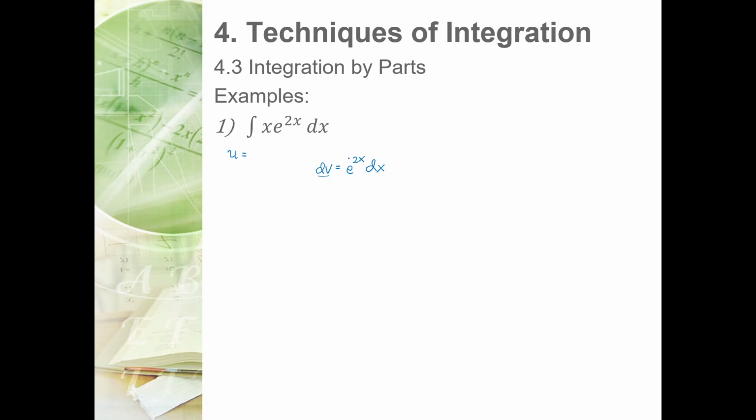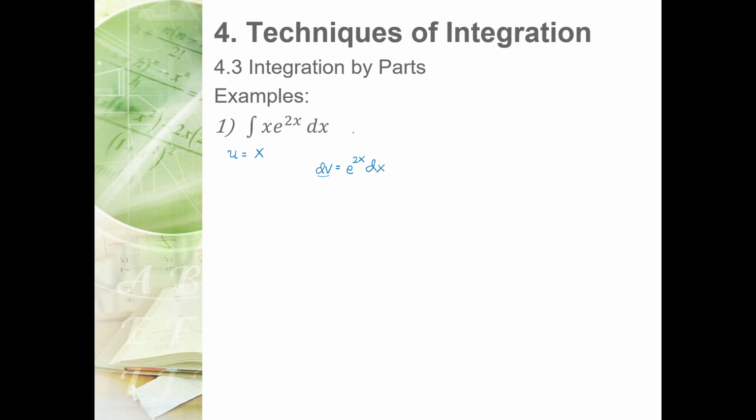Yes, we can, because we have a formula for that one. The other term, the x term, goes to the u parameter. Notice that there's nothing left to declare in the equation. Everything has been declared to dv and the u parameter.